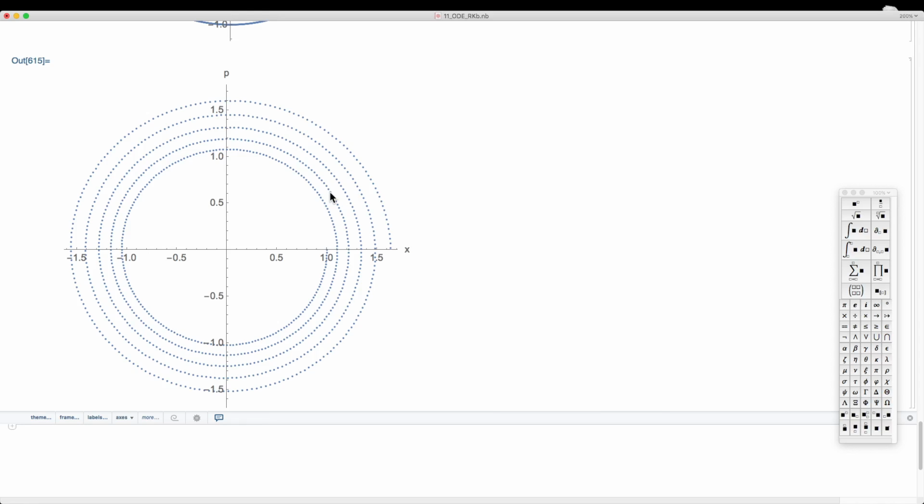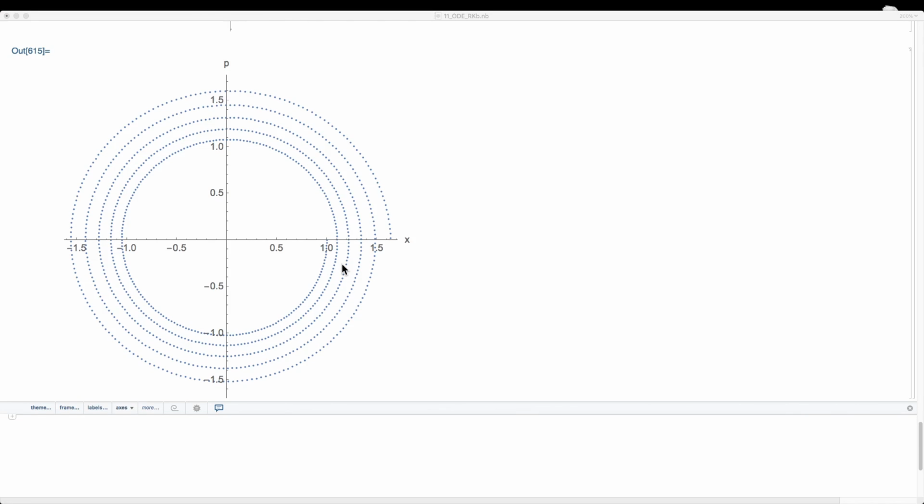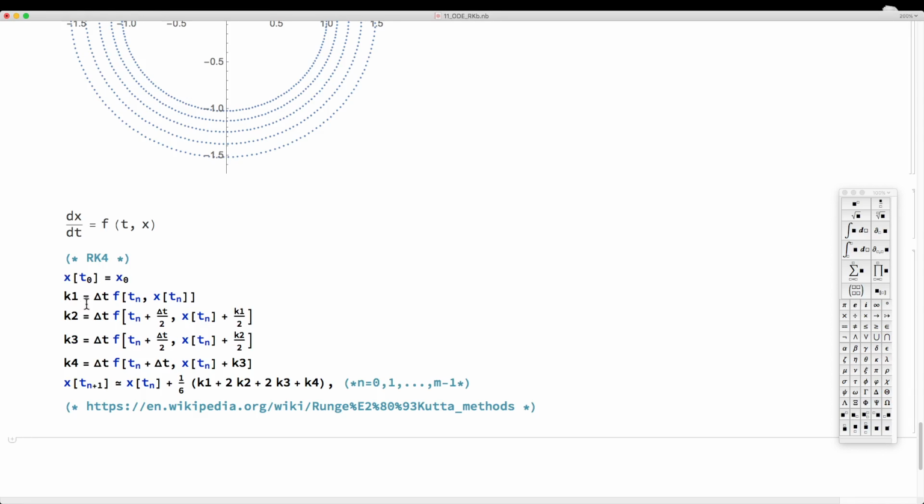So to simulate this system a bit more accurately, we can use a second order Runge-Kutta method, or third or fourth order. So let's try that. To write down a higher order method, let's just recall our system has this form, and let's write down an RK4 method, which we wrote earlier.